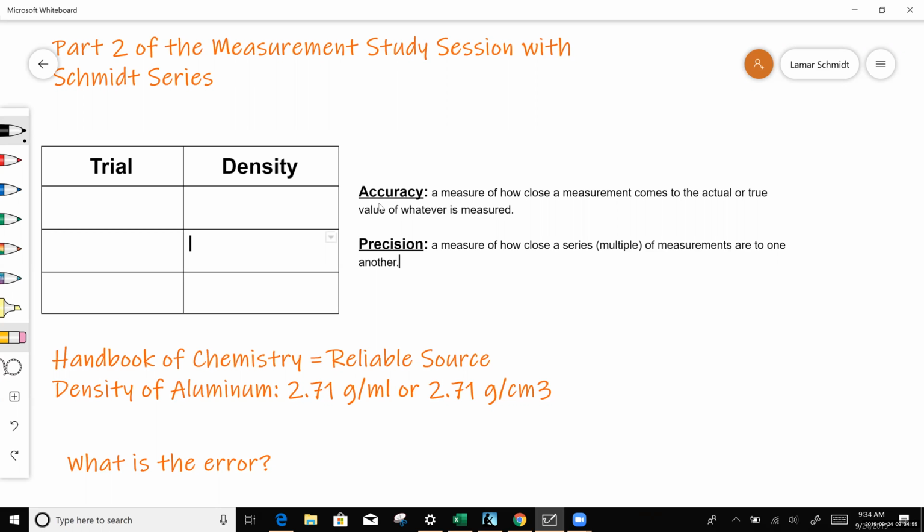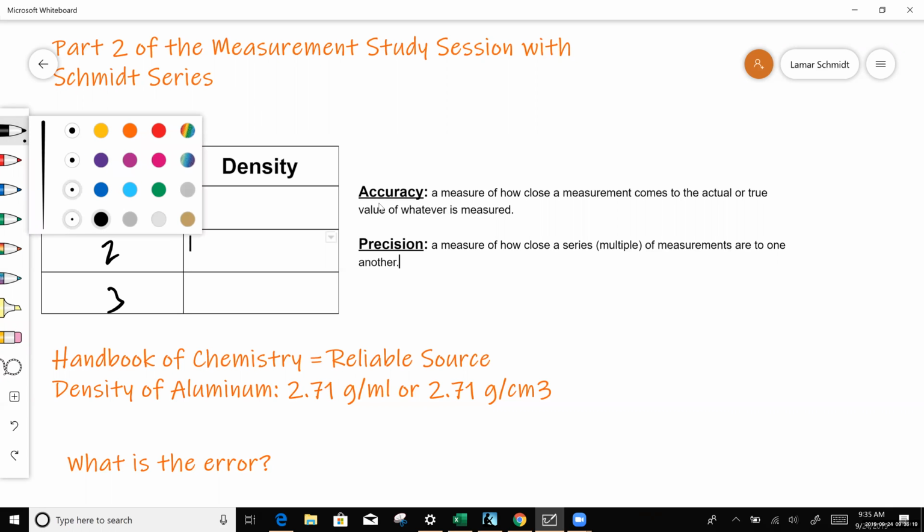So if I have some trials, trial 1, 2, and 3, and let's say I was taking the density of aluminum. I know that's hard to read, so let me fix this pen.